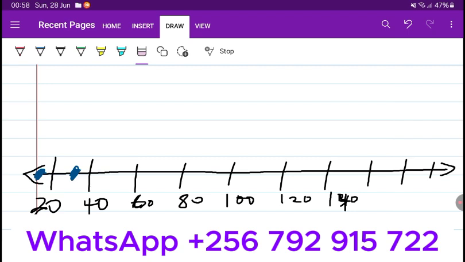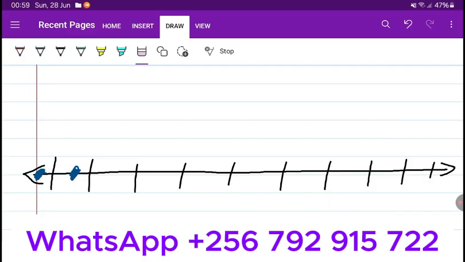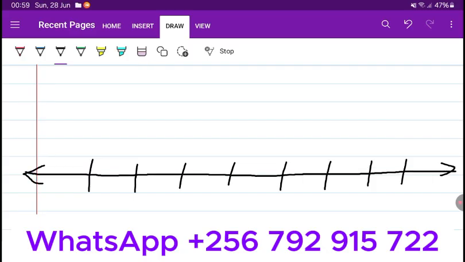Let me plot just the numbers, because I'm seeing it's going to be a little bit congested. So I'm just going to plot, let's say this, I'm just going to call it 10. I'm just going to indicate numbers.